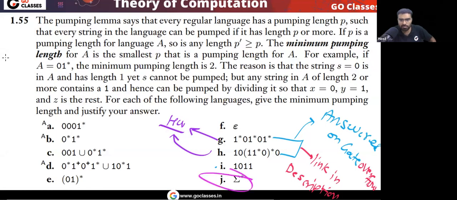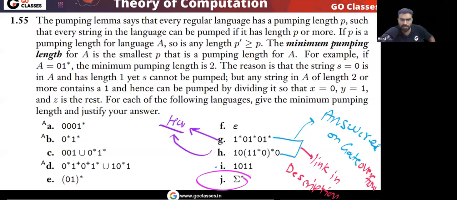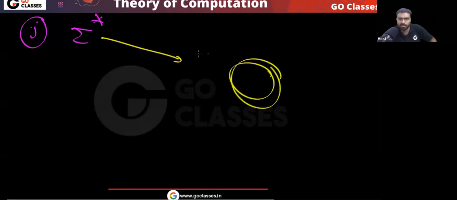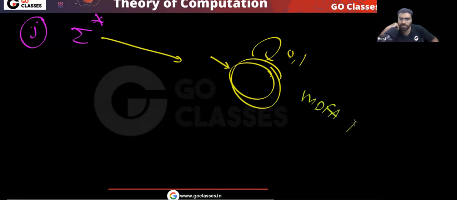What about this one? Sigma star, the last one, J. This is quite simple. Just make a DFA. In the minimal DFA, how many states will be there? One state. Minimal DFA has one state.